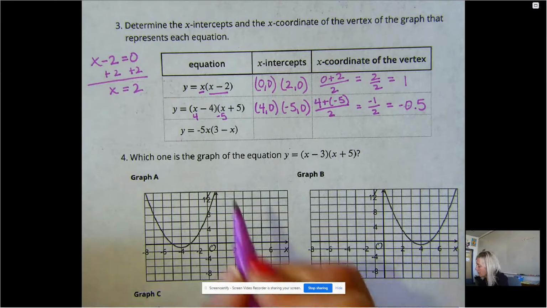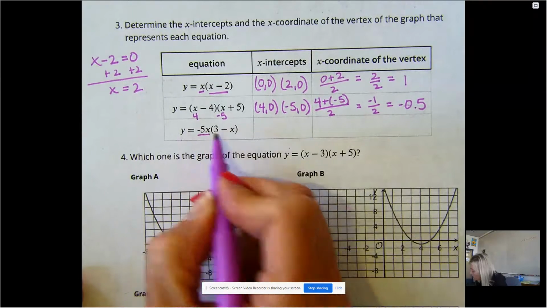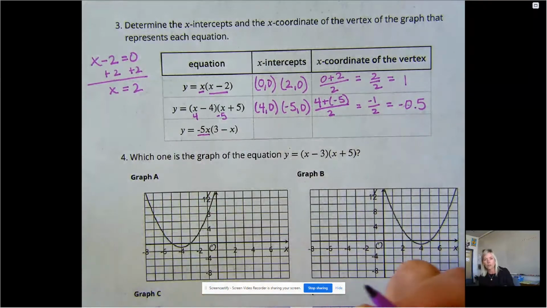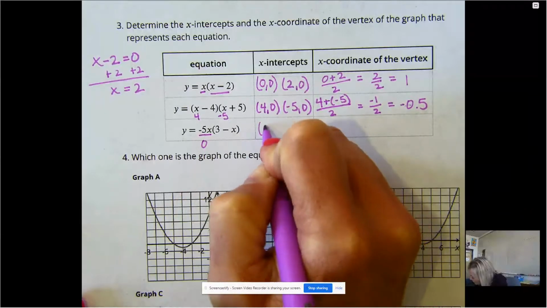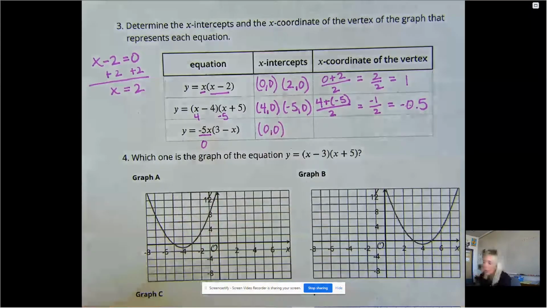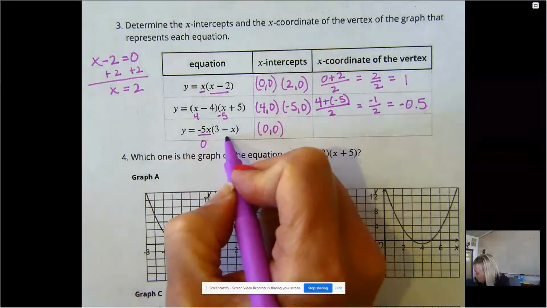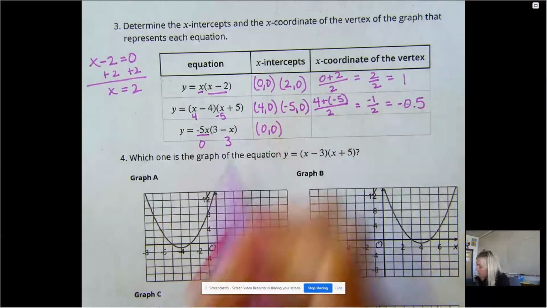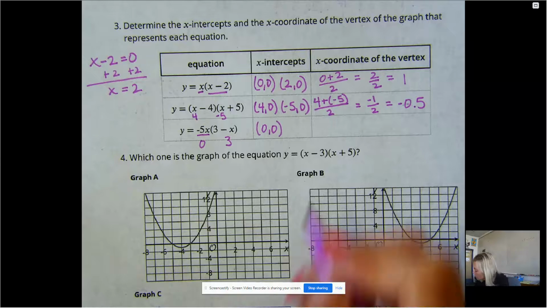All right, on the last one here for this -5x, it's -5 times x, so we need x to be 0 to get this to be 0. So that's one of our x-intercepts, (0, 0). And then for the second factor, 3 minus x. Well, x needs to be 3 for this to be 0 when you go 3 minus x. 3 minus 3 is 0.